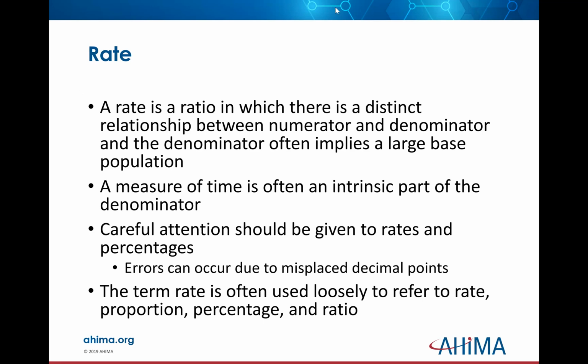Sometimes we'll hear the term rate applied loosely to a proportion or a percentage, but basically we're looking for some relationship between a numerator and a denominator. The denominator, of course, is the bottom number, which is often a large base set of observations, or as it says here, the large base population.